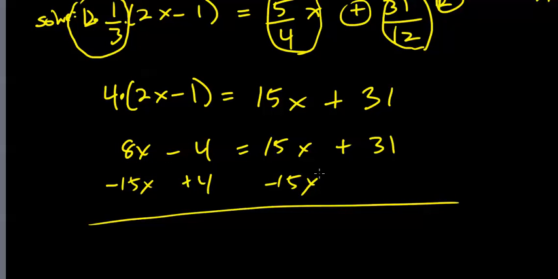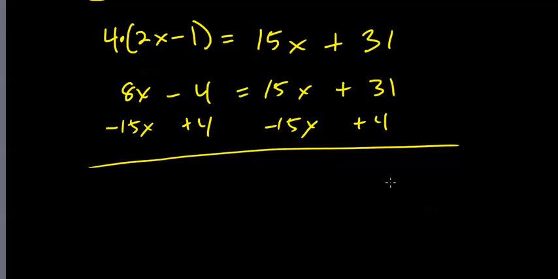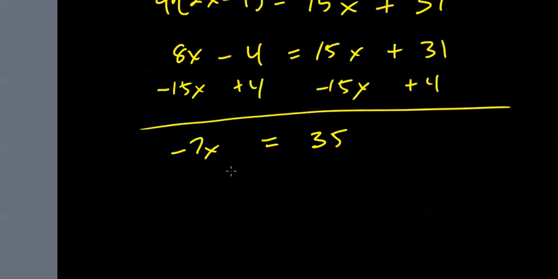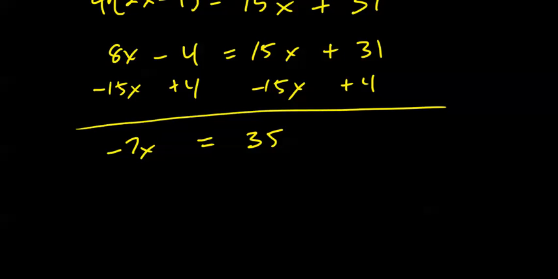I'll then add 4 to both sides. 8x minus 15x is minus 7x equals, well, 31 plus 4 is going to be 35. Now I'll divide both sides by negative 7. If I can center this frame.